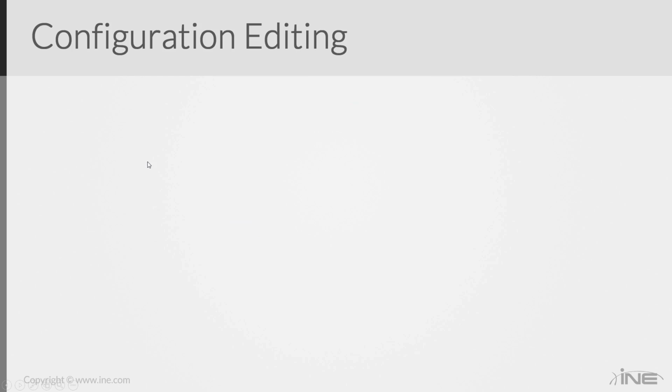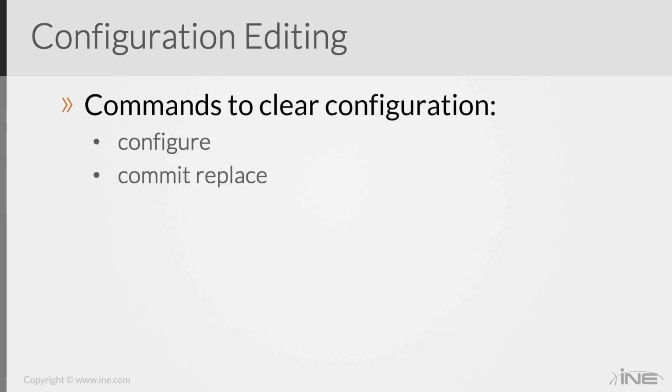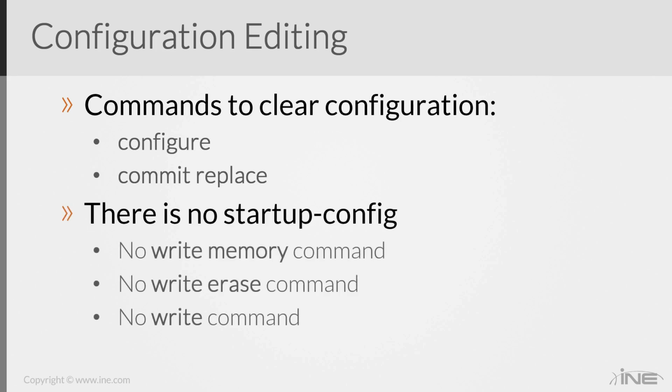Now, configuration editing, you have a couple options here. Commands to clear the configuration. You would go to global config and you would type in commit replace. I usually append the end of this with a force, so it does not give me any issues whatsoever. If there is no startup config, you can do a write erase.